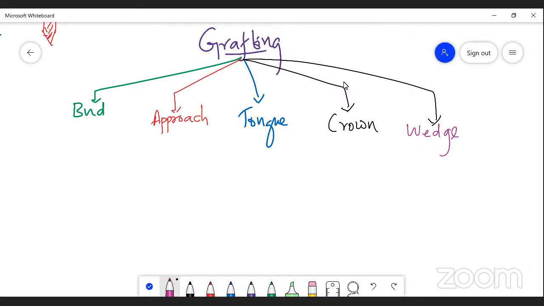First of all, let me take bud grafting. What is bud grafting? It is a type of grafting in which, on the stock, a T-shaped incision is made artificially.